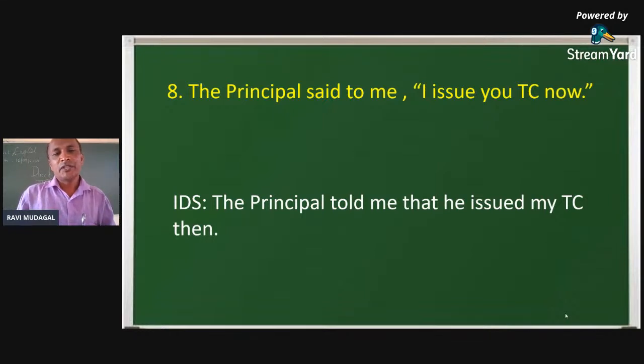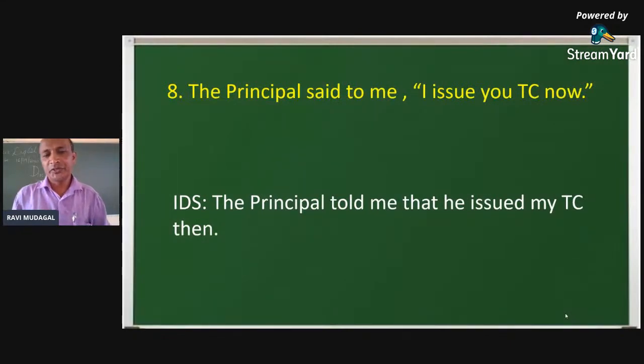When it comes to indirect speech, we have to join these two sentences into one sentence. To join two sentences into one sentence, we need support. We need to add a subordinating conjunction, that, especially in such cases. The principal said to me, I issue you TC now.